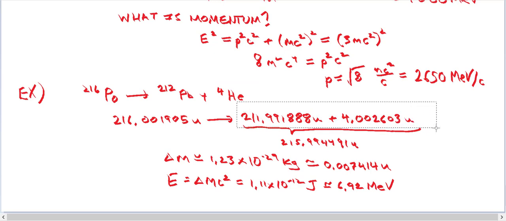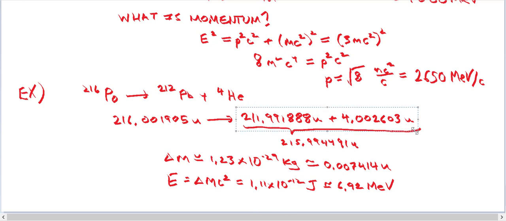If I add these two together, right, so the polonium-216 decays, we call this the parent, we call this the daughter. The polonium-216 decays into a lead-212 plus a helium nucleus.